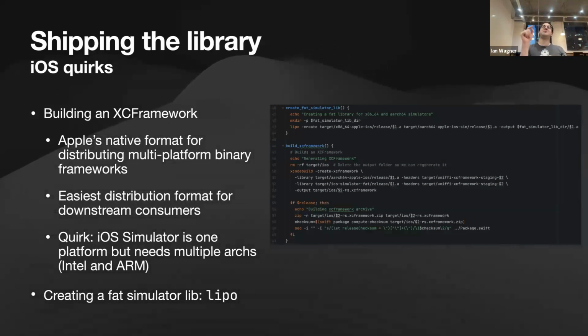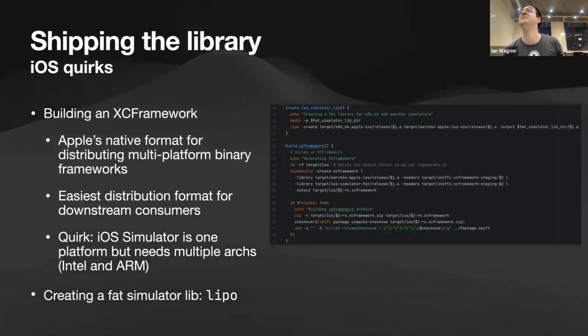And if you try building an XCFramework with all three of the binary variants, then it will yell at you and say you have two binaries for this platform, because it's saying that x86 and ARM iOS simulator is one platform.